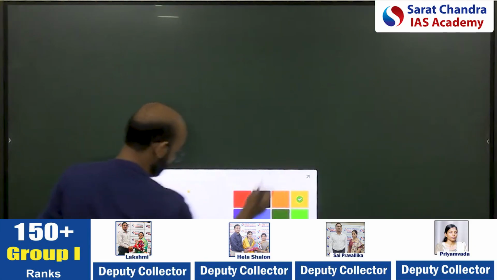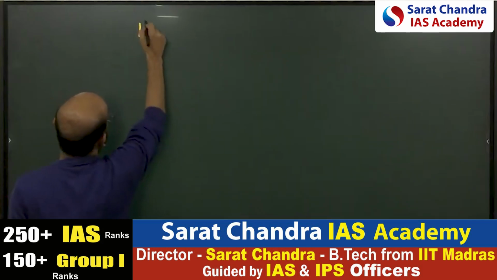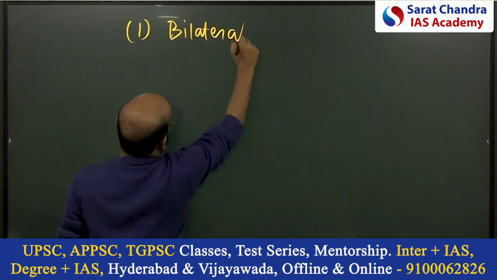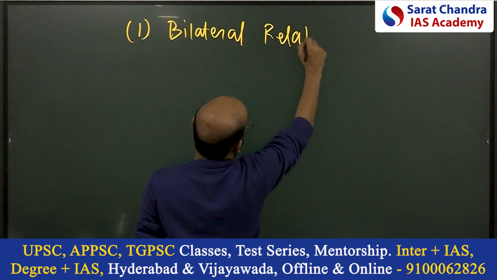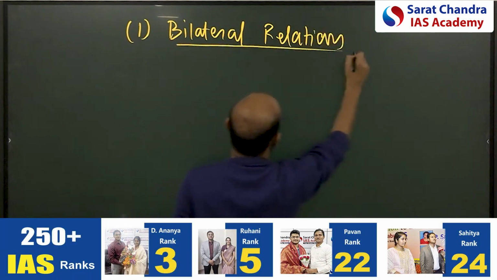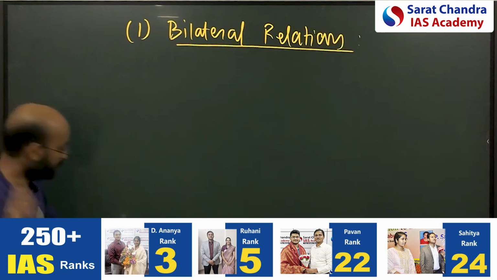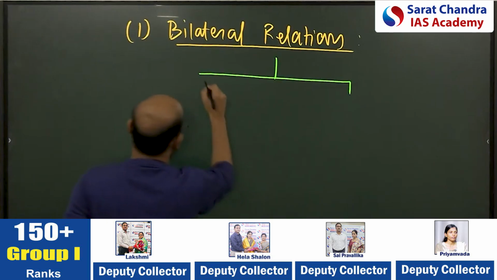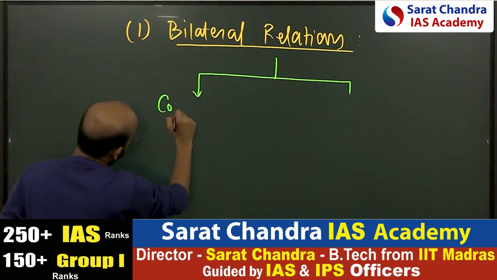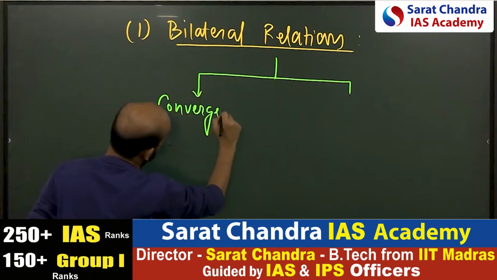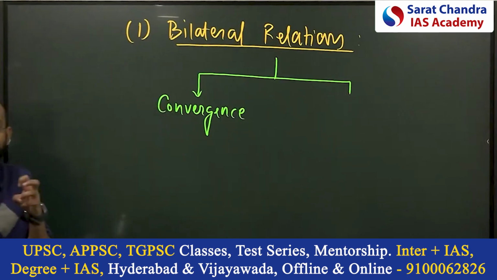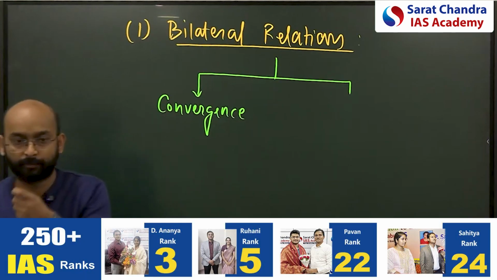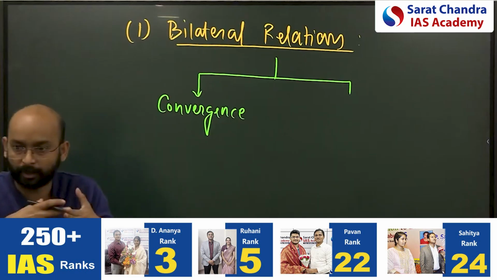Now we will take the first pillar. First type of question is bilateral relations. Here in bilateral relations there are two types of questions they are asking. Question number one, what is the convergence? The point of convergence between the two countries. Convergence means there can be convergence in economic areas, both are basically converging.